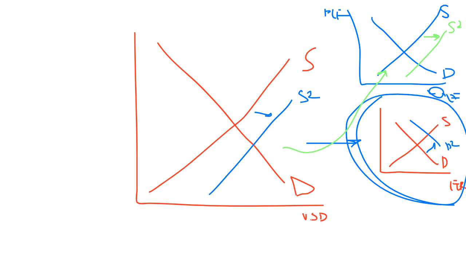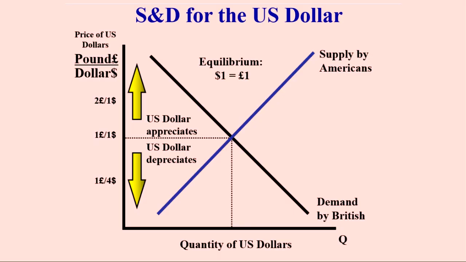Yeah, absolutely. Okay, so let's go back to what's the difference between appreciation and strengthening and depreciation or weakening? Very good question. Let's go back to exam review. When you're looking at that, you're looking at where your equilibrium point ends up.